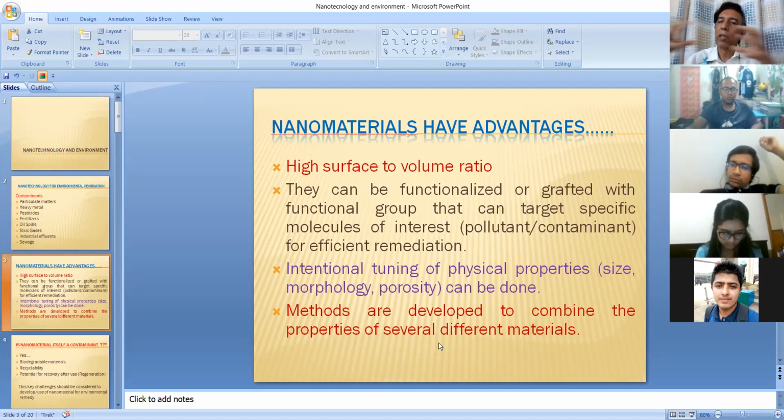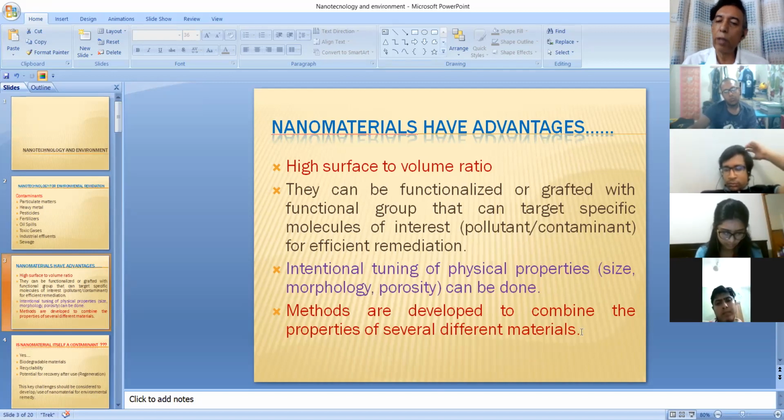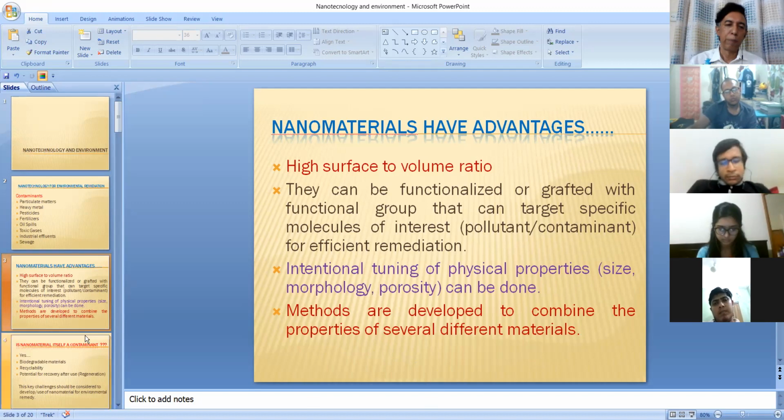Both the properties we can achieve by adding those two types of nanomaterials. So we have those methods now. Methods are developed to combine the properties of several different materials. These are the many advantages of nanomaterials for use in environmental remediation.